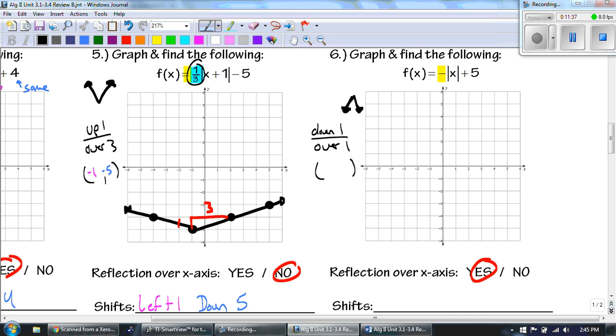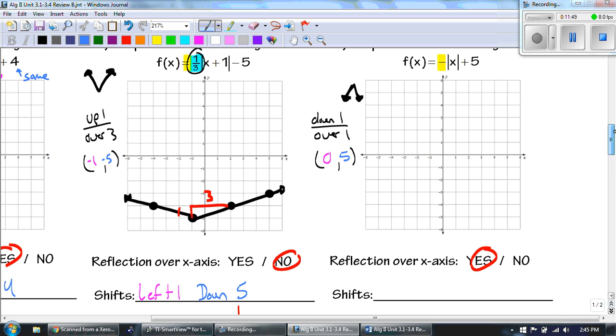And the last thing is our vertex. I take the opposite of what's inside, which is just 0, and the number on the outside stays the same. So my only shift is going up 5. All right, so I go up 5, and then I'm going down 1, over 1, down 1, over 1 in both directions.